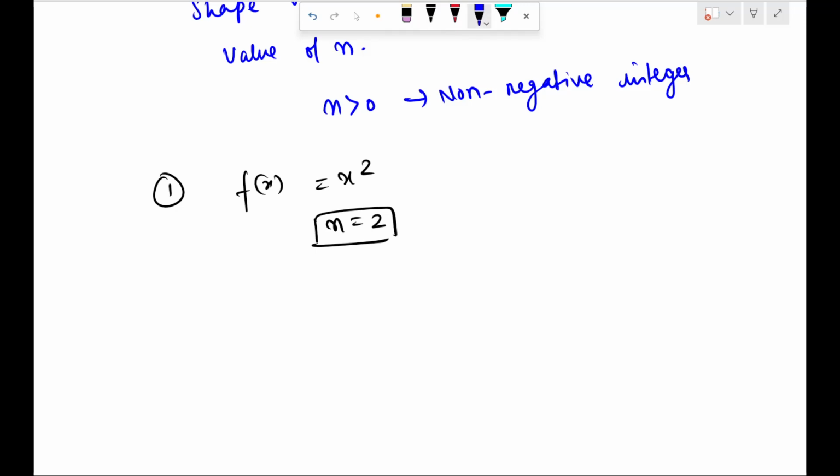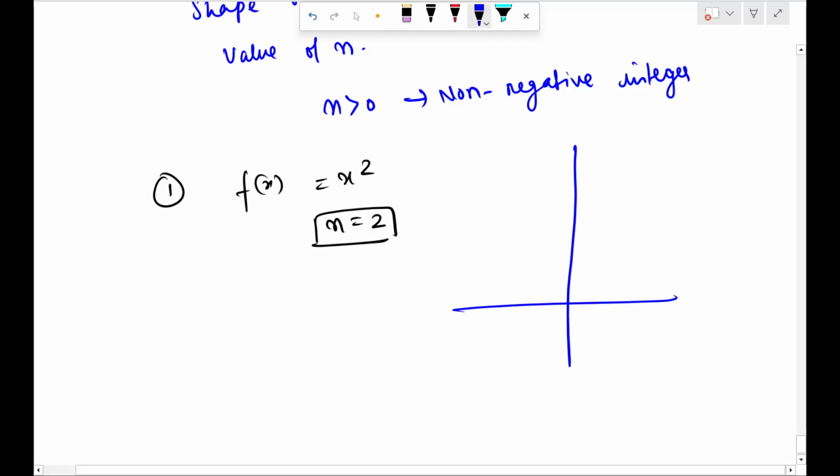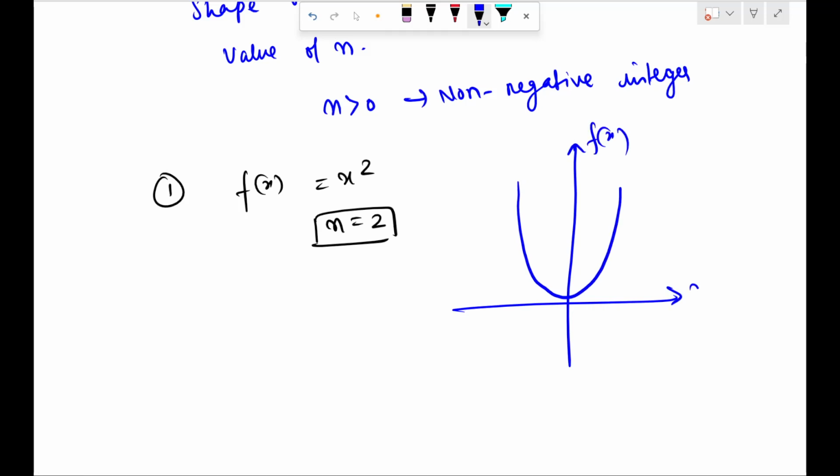Its graph will look like this. So this is f of x and this is x. Its domain is R and range is R positive.